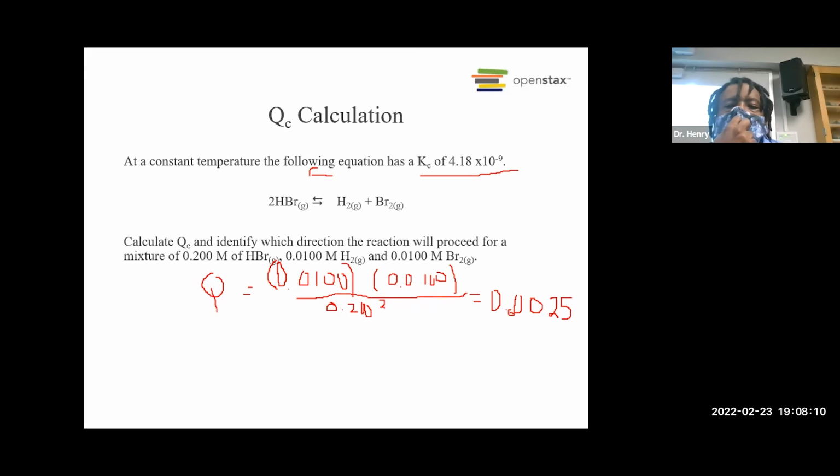Okay, so let me reframe how I said it, because it says it's favoring the reactants. So in other words, it's going to be going towards the reactants. We have more product than we have reactants, and so we're going to be going towards the left. You're going to be pushing towards the reactants, so let me use that terminology correctly.